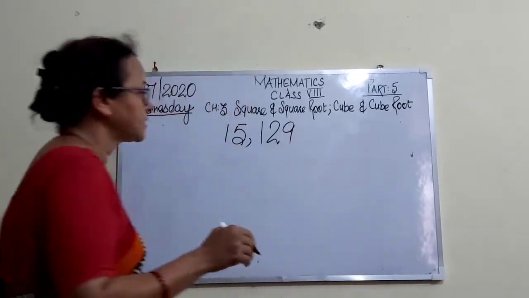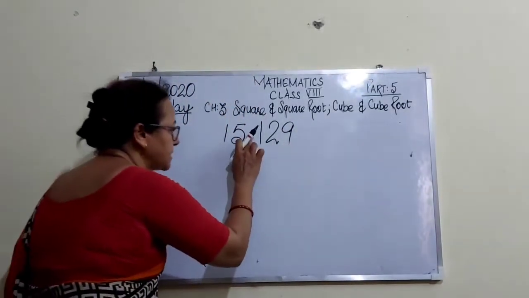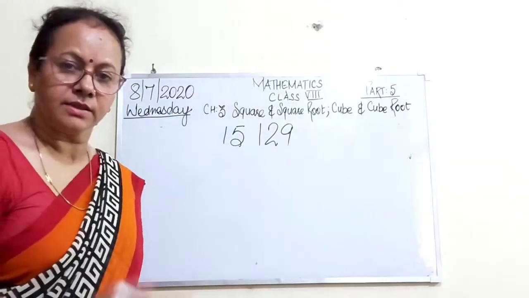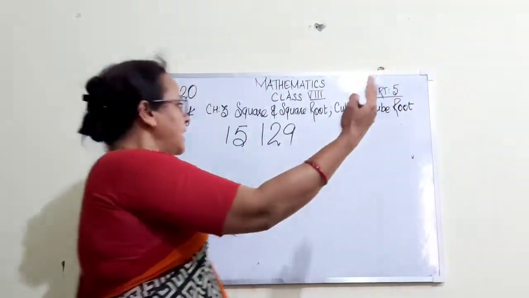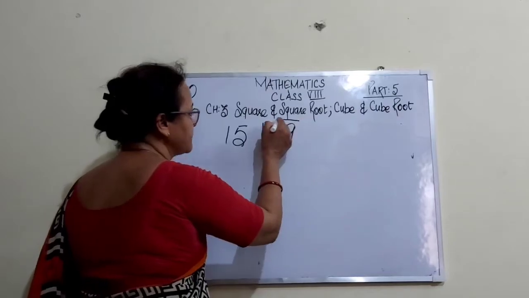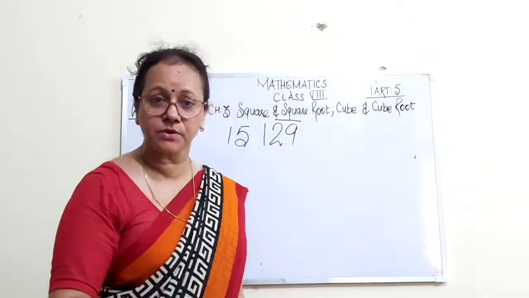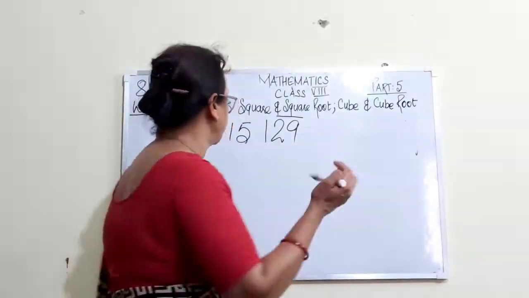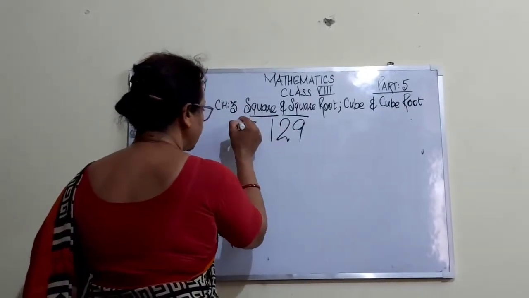This is the question: 15,129. See, I am erasing this comma. This is our right hand side. From the right hand side we make groups of 2. As we are doing square or square root, in it we make groups of 2. This one is alone.